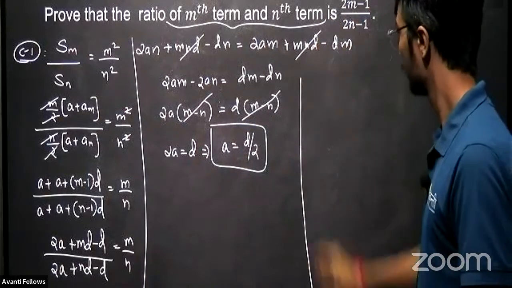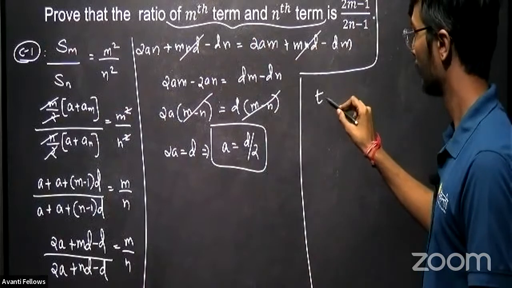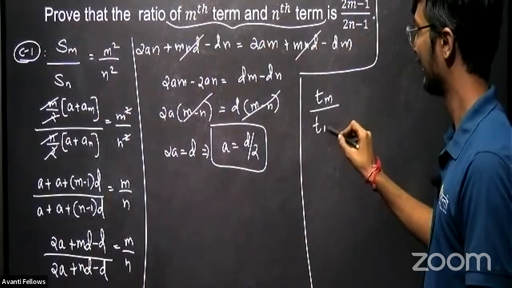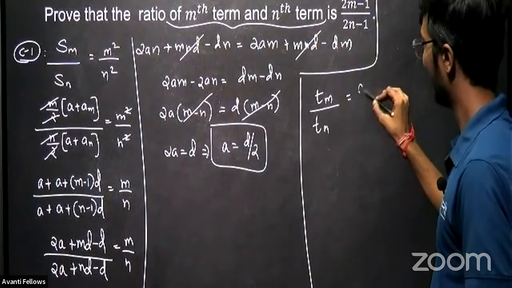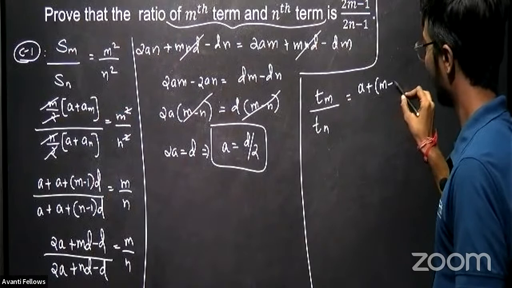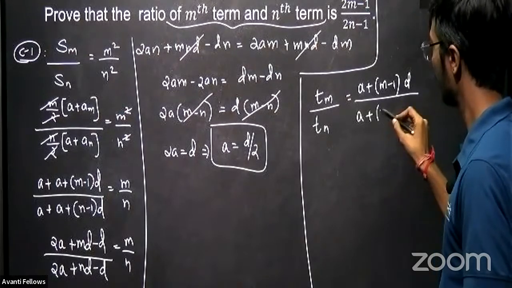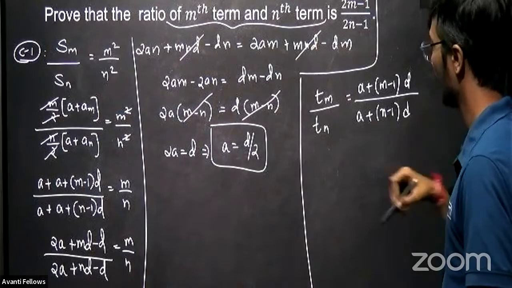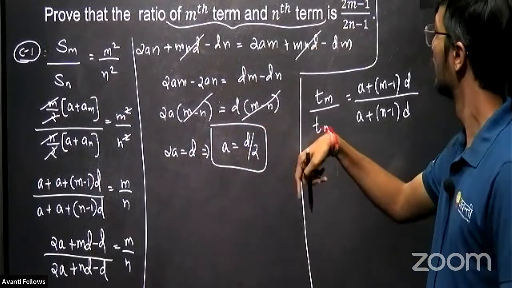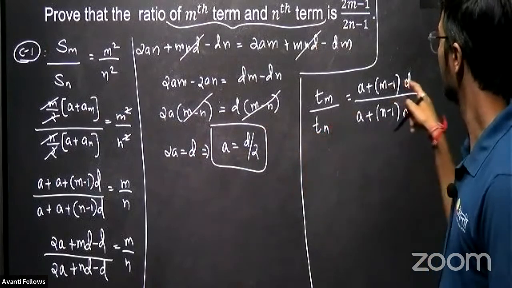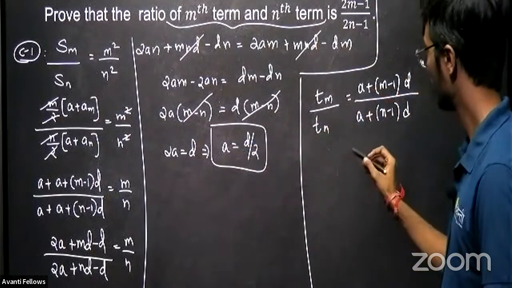Now what we have to prove? Let's prove it here. The ratio of mth term. So I want tm upon tn, and I have to prove it like this. So what is tm? It will be a plus m minus 1 into d upon a plus n minus 1 into d. Let's substitute the value of d. D is 2a. Let's substitute d equals to 2a.